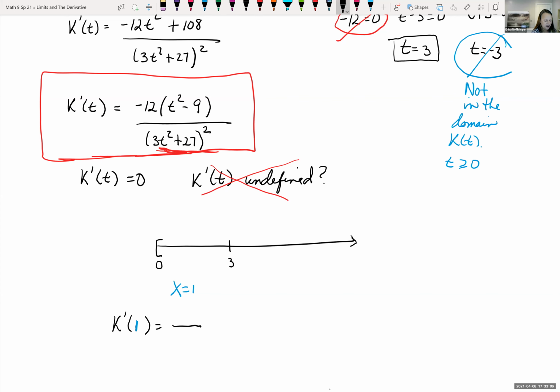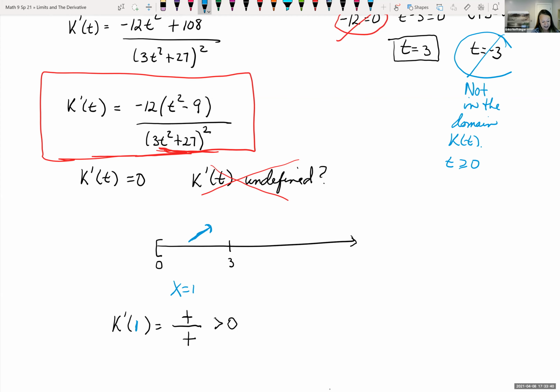Well, 1 squared minus 9, that's a negative number, times my negative 12. So I can see that my numerator will be positive. Negative times negative is positive. Notice my denominator, anything I put in there and I square it, it's always going to be positive. So I got positive over positive. That's a number greater than 0. So that tells me that between 0 and 3 hours, the drug concentration is increasing in my bloodstream.